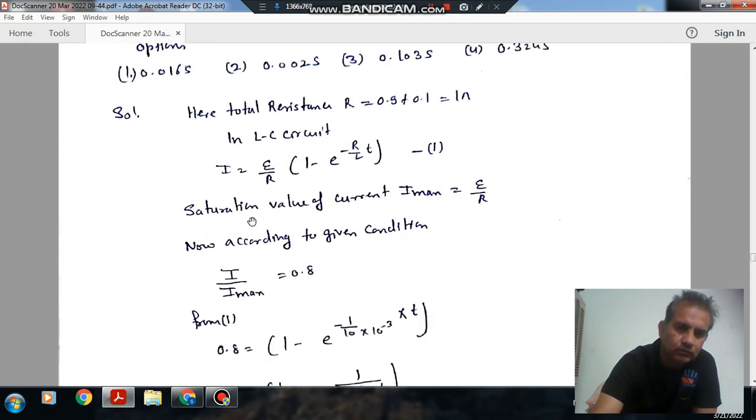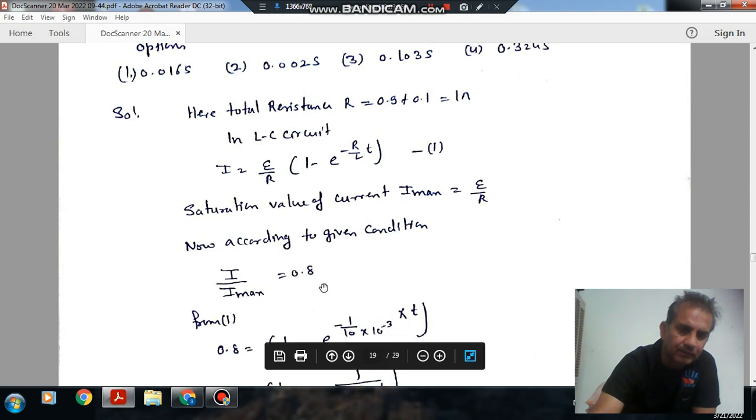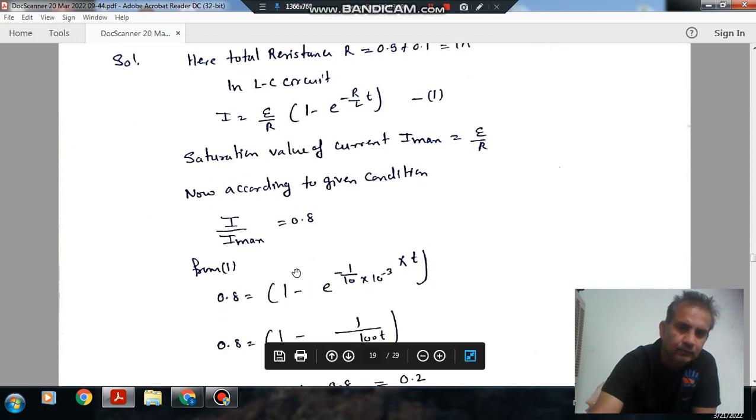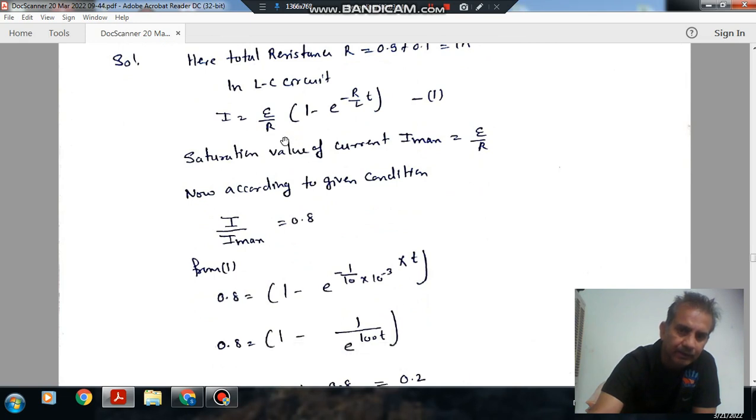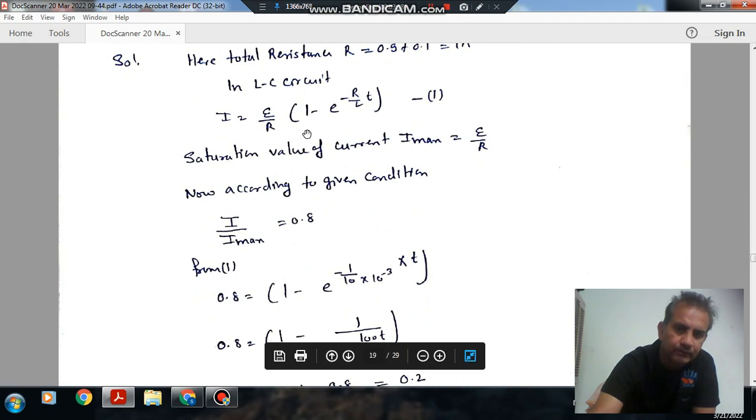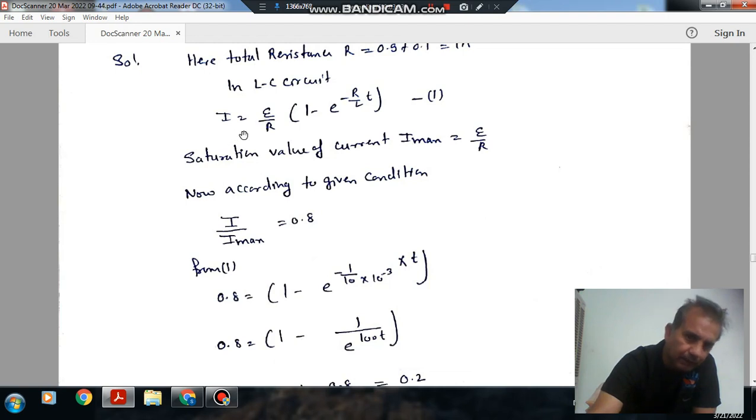When the saturation condition arrives, I max is equal to epsilon by R. According to the given condition, I by I max is 0.8.